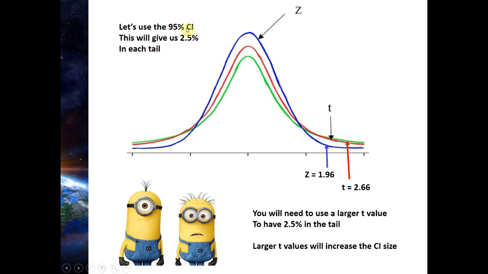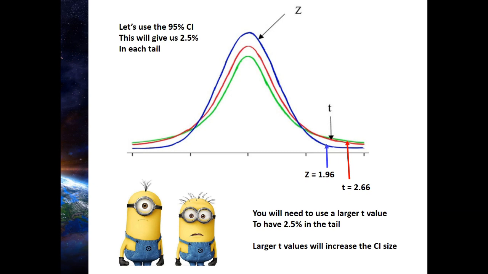All right? So if you want the 95% and you're using t, inevitably, you're going to get a larger t-value. And what is that going to do to your confidence interval? It's going to increase the size of the confidence interval. From the lower limit to the upper limit now is going to be expanded.